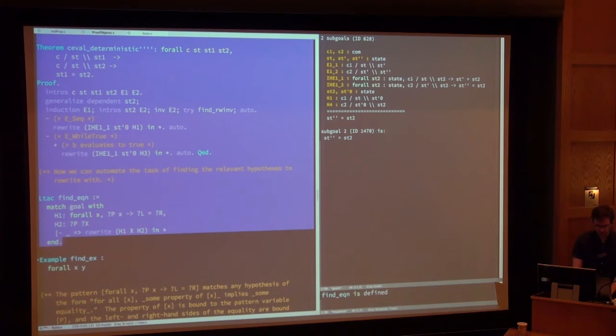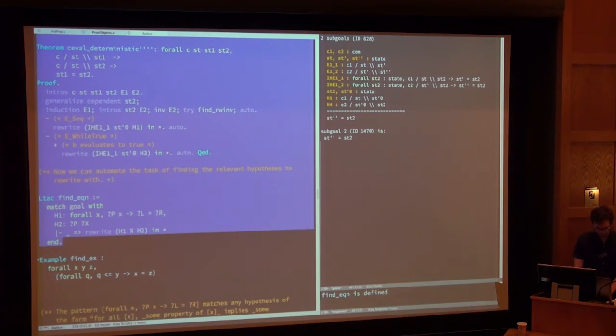For all x, y, z, if we had for all q, where q is less than or equal to y implies x equals z, and then we'll have m is less than or equal to y as an assumption, and then we will try to prove that z equals x.